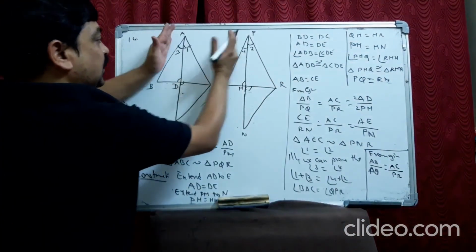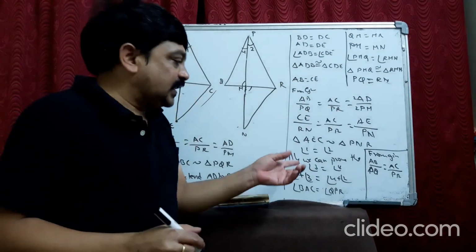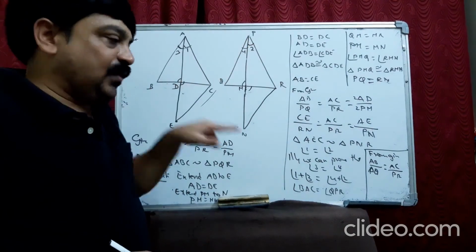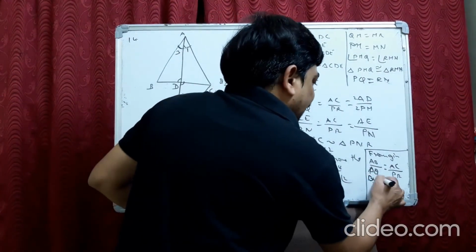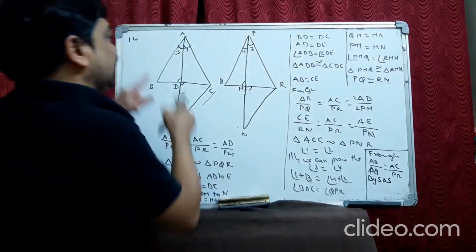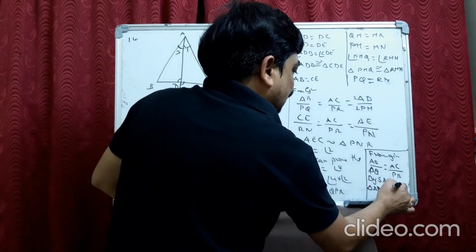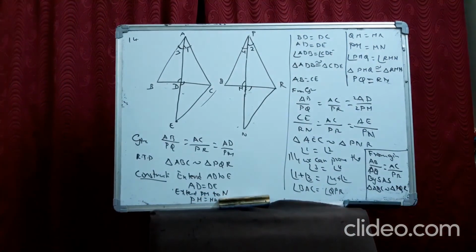These two sides are proportional, and the angles including the sides are equal. That's what we have proved. So by SAS similarity, triangle ABC is similar to triangle PQR. Okay? Please pause the video and check it carefully, guys.